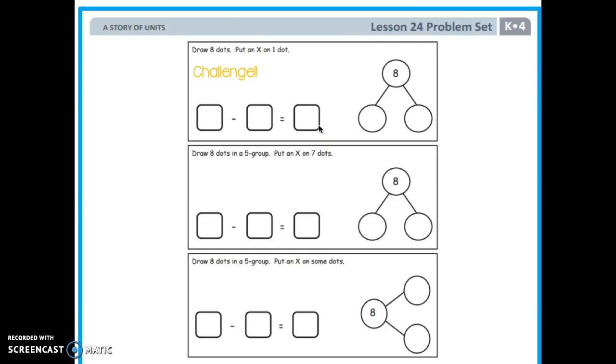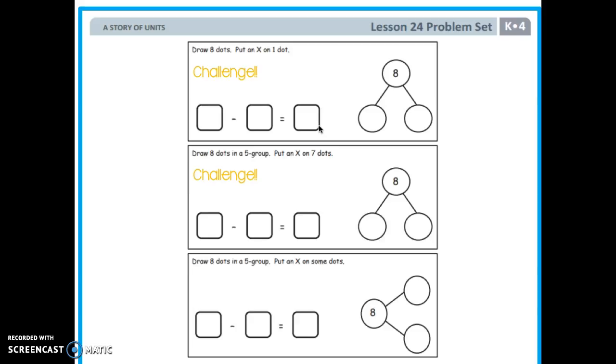That's just a reminder that this is a challenge. Please fill in the number bond. Now we're going to go on to the next challenge question. This challenge question says, draw 8 dots, but this time you need to draw them in a 5 group.